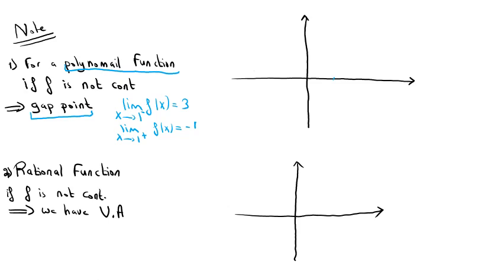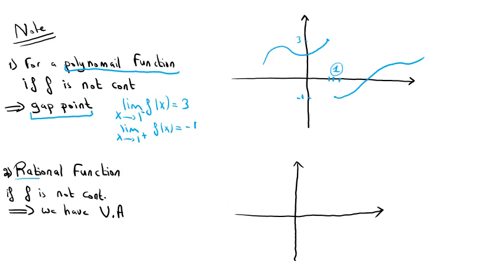For example, 1 minus is here, and 1 plus is here. The limit as x tends to 1 minus is equal to 3. Here we have 3, and at 1 plus it is minus 1. We have here a gap point. The function is not continuous at x equal to 1.